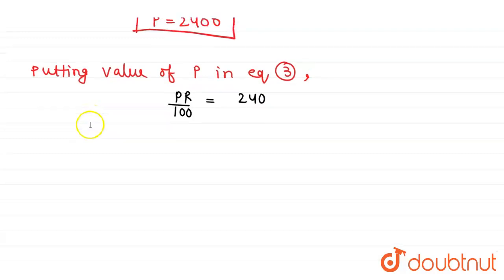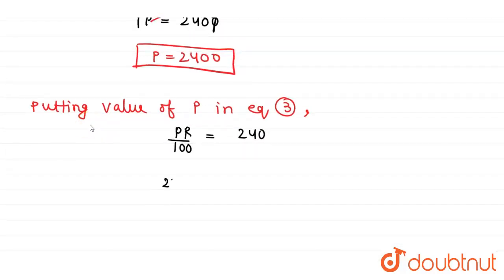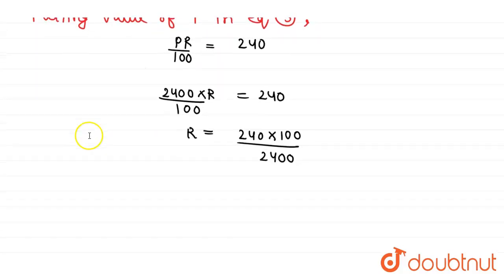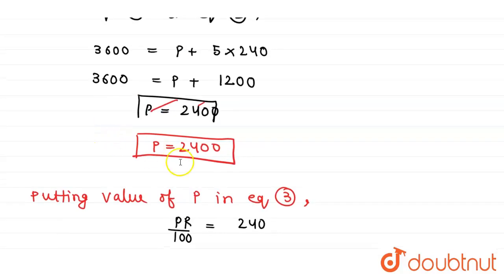By putting the value of P in equation 3, 2400 into R divided by 100 is equal to 240. So value of R comes out to be 240 into 100 divided by 2400. That is, cancelling these two zeros here and dividing 240 by 24, the value of R comes out to be 10%. So the value of rate of interest is 10% and the value of the initial amount is 2400.